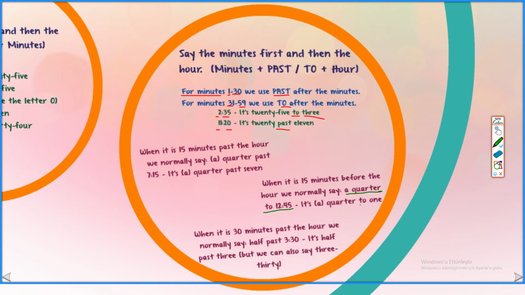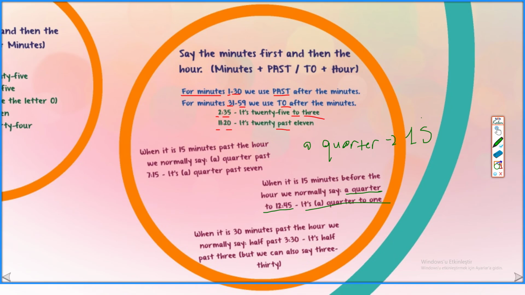It is quarter to 1. A quarter means 15 minutes. When it is 30 minutes past the hour, we normally say half past, like 2:30.